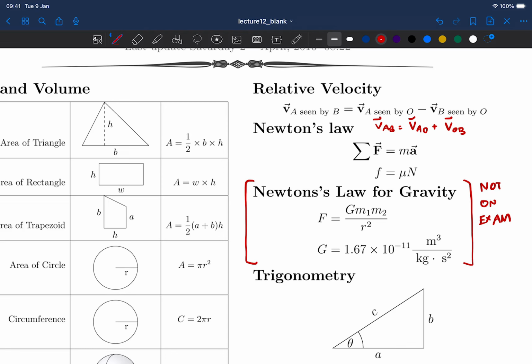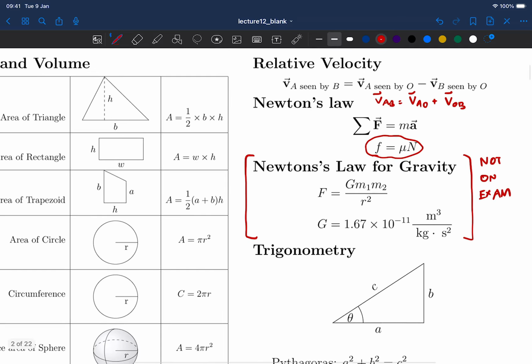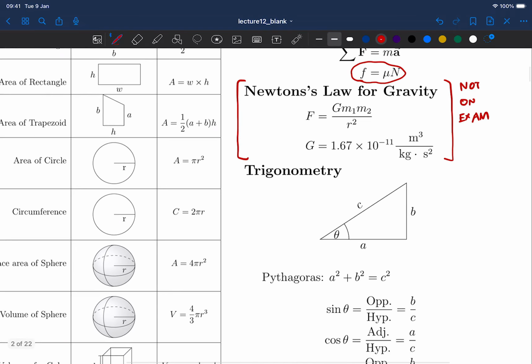And then we have Newton's law, F equal to ma, usual thing. And then this is just to remind you what the friction looks like. But remember, there's a very distinct difference between static friction and kinetic friction, even though they have similar looking equations, the meanings are different for both cases.